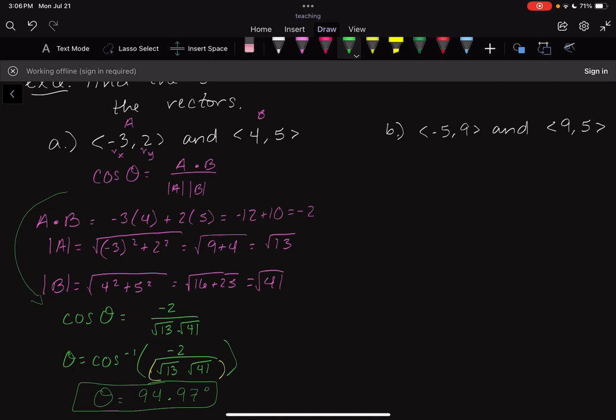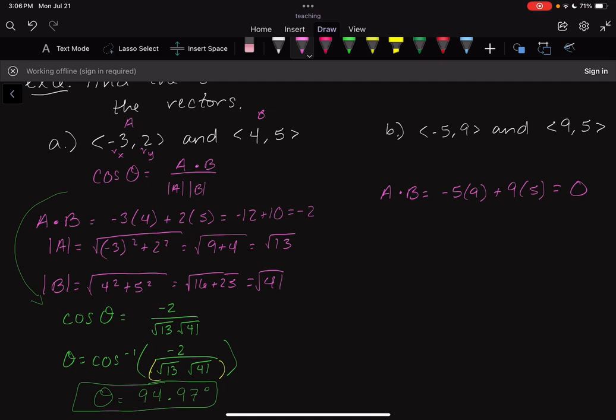So that one's done. Now if we do part B, again I'm going to use the same formula. First, I have to take the dot product. So I have -5 times 9 plus 9 times 5. So this is going to give me 0. Interesting. Think about this for a second.